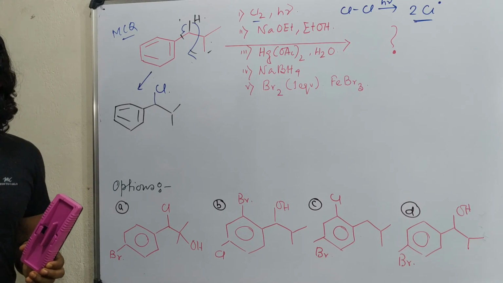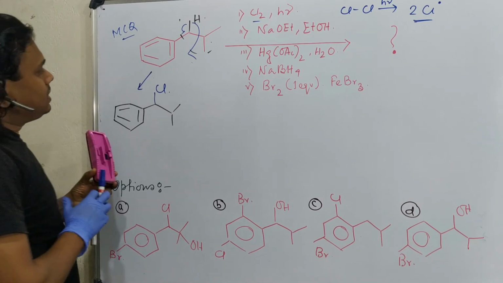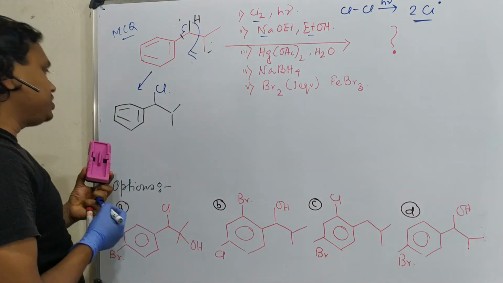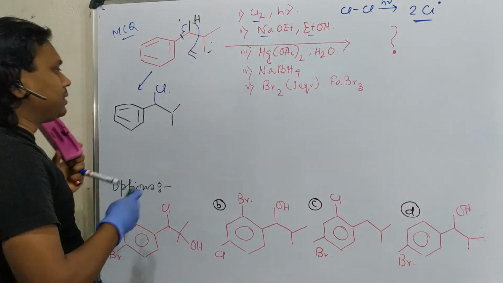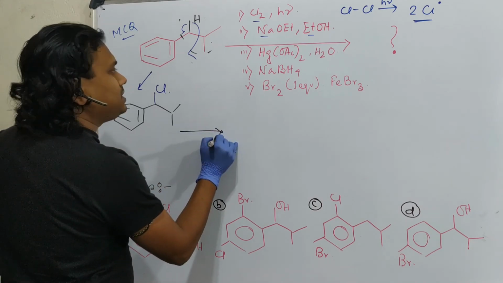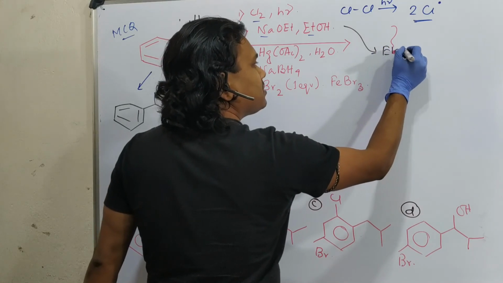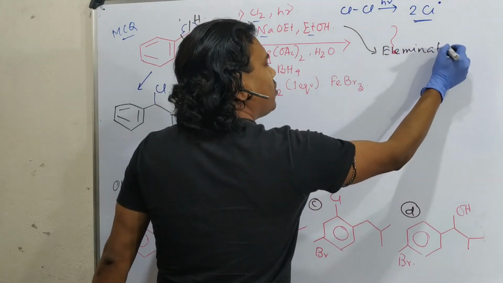Now, in the next step what can we expect? The next step is sodium ethoxide in ethanol. Sodium ethoxide in ethanol is nothing but a base, and this base prefers elimination. Why?